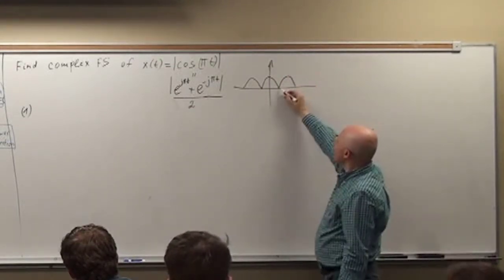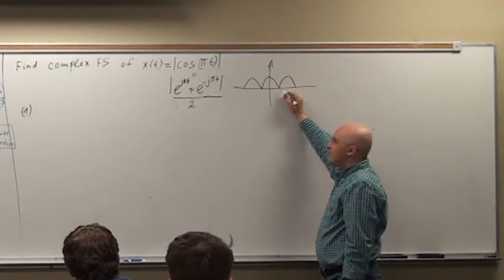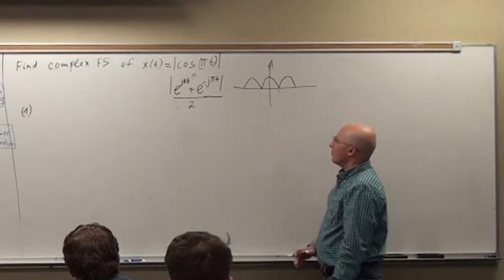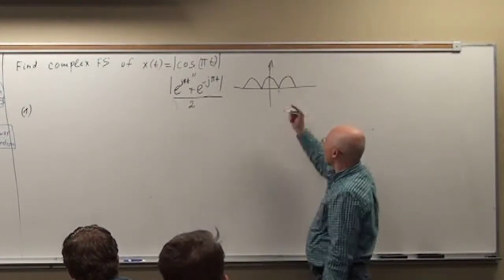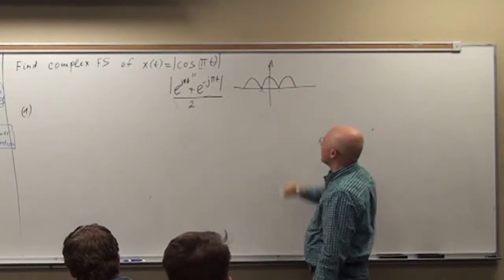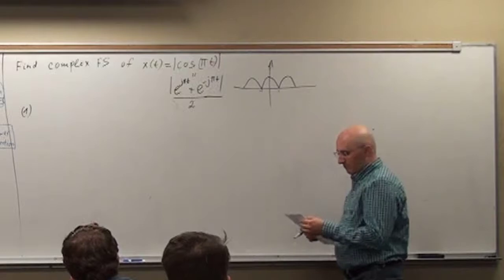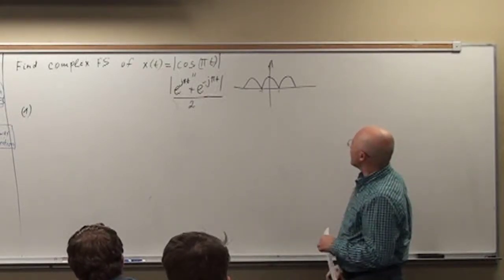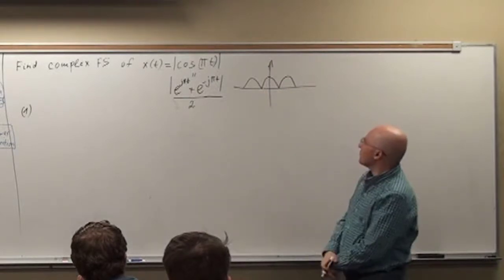So what will be the number here where it hits 0? It will be 1, because cosine of pi over 2 is 0. Cosine of minus pi over 2 is also 0. So it repeats basically, no, it should be half, right? The total period should be 1.